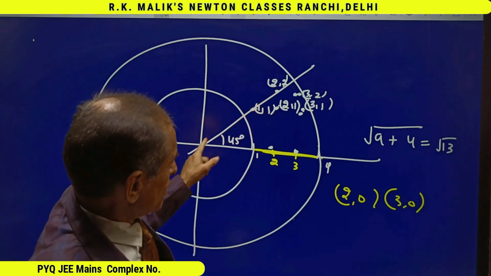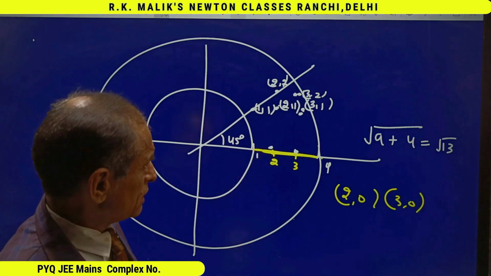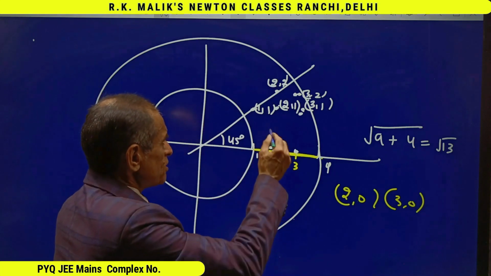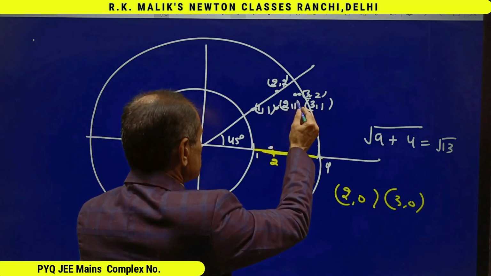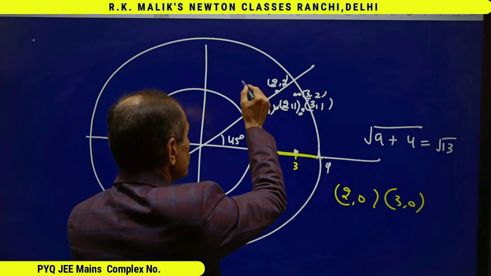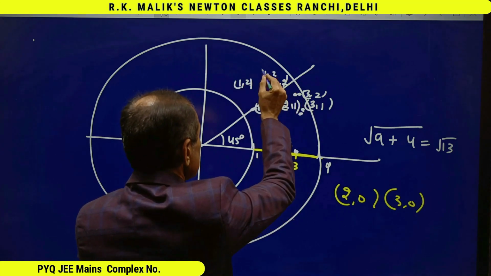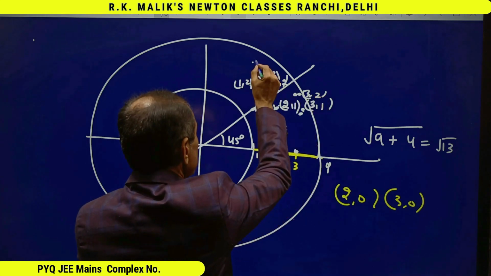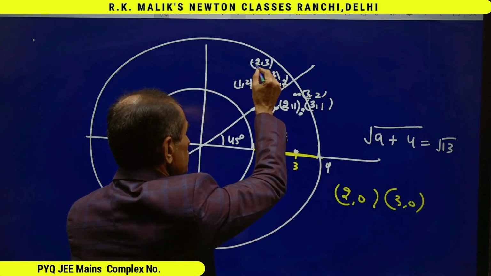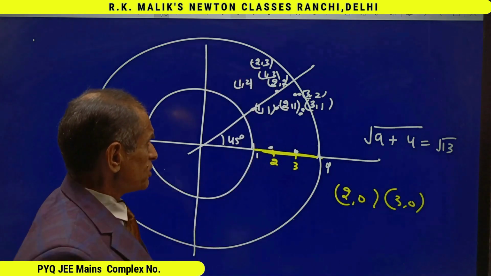Note that these 2 points are lying on this line. If 5 integral points are here, obviously if these 3 points are in this position, their mirror images (1, 2), (1, 3) and (2, 3) will lie in this position.